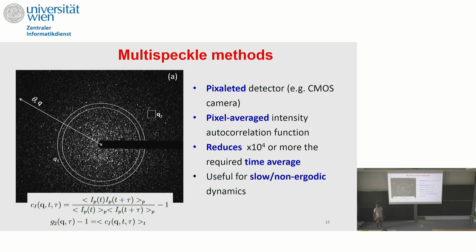Because of course you point out the issue that you have this problem of time of getting the ergodic average. In principle, we should think that we can get ergodic data also using the spatial average. But the problem here is that in order to get a speckle, you need to shine a very small area. So in fact, there is also an issue of the size of the system that you're probing, right?